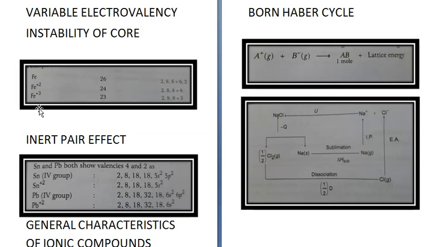When it is showing Fe2+ valency, it loses 2 electrons, atomic number becomes 24. So its configuration becomes 2, 8, 8, 6, that is 3s2, 3p6 and 3d6. This is not a stable configuration. In case of Fe3+, atomic number becomes 23 and electronic configuration becomes 2, 8, 8, 5.